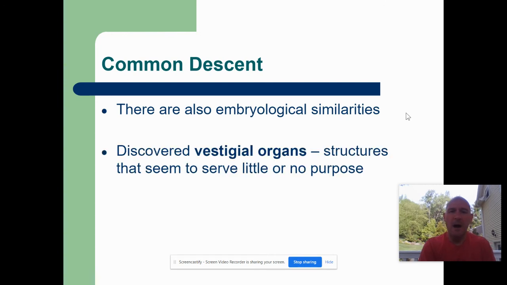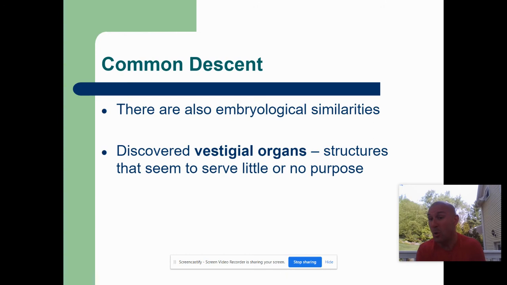Okay. Now, in terms of evidence that we all came from a common ancestor, there are a lot of similarities in our embryos. If you look at the developing fetus of a human compared to the developing fetus of a chimpanzee or a sheep or a pig, early on, in its very early stages, it's tough to distinguish between them, right?